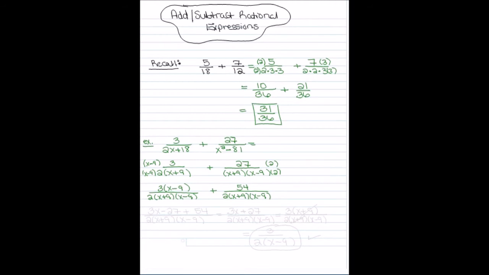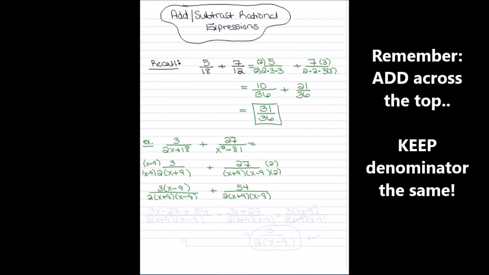My denominators look the same now, so I am able to add across the top. So I'm going to go ahead and distribute the 3 and get 3x minus 27 plus the numerator of the second fraction, which was 54. And all of this is going to be over the same denominator, 2x plus 9, x minus 9.